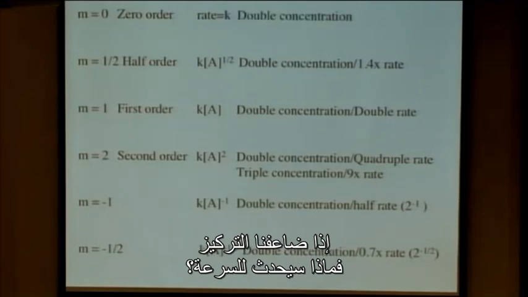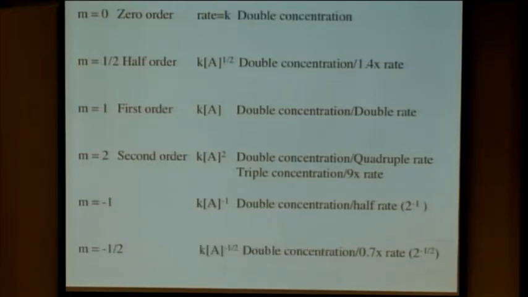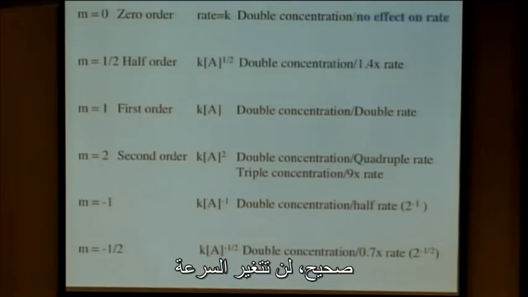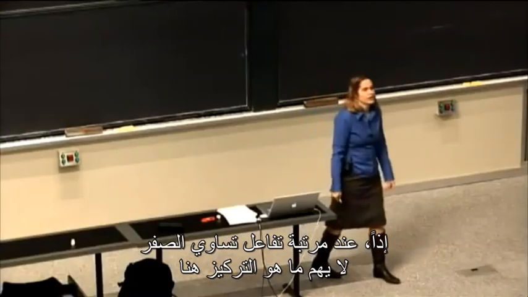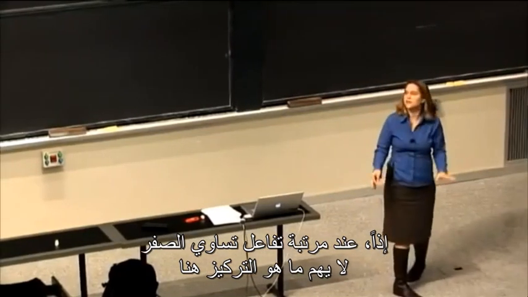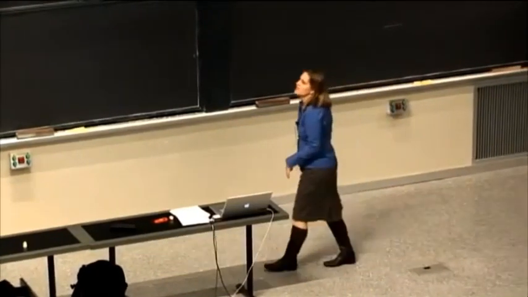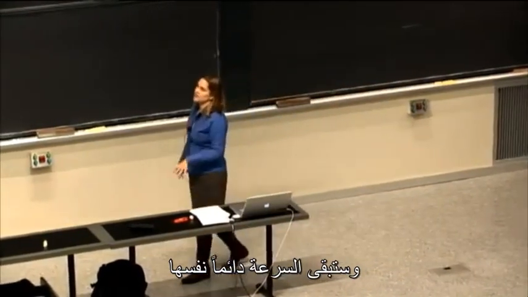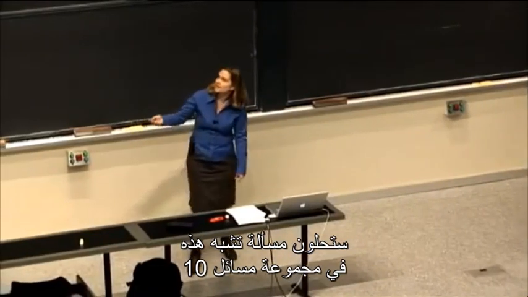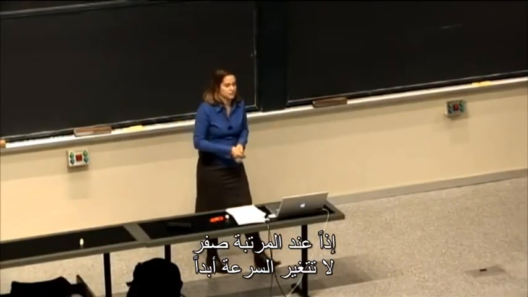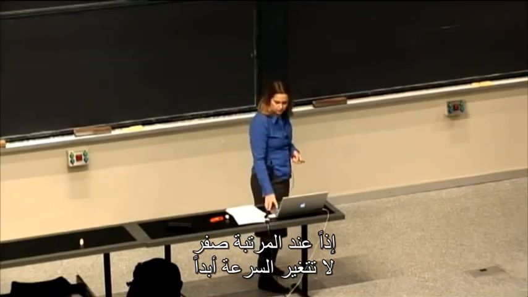So what does that mean? If you double the concentration, what happens to the rate? Yep, no effect on rate. So that's zero order. It doesn't matter what the concentration is. And there will be some that you'll see on a problem set like that. So if there's no effect on rate, you have zero order.